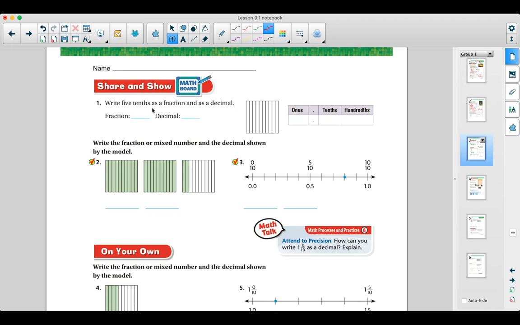Write 5/10 as a fraction and as a decimal. 5/10. We have 0 wholes. As a fraction, 5/10.